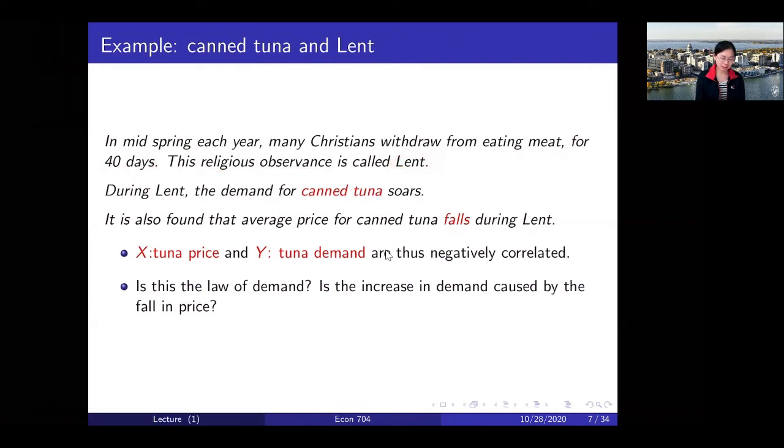During these 40 days of Lent, economists observe that the sales of canned tuna soar. Sales of canned tuna is the demand for canned tuna. The demand for canned tuna increases a lot during the Lent period.